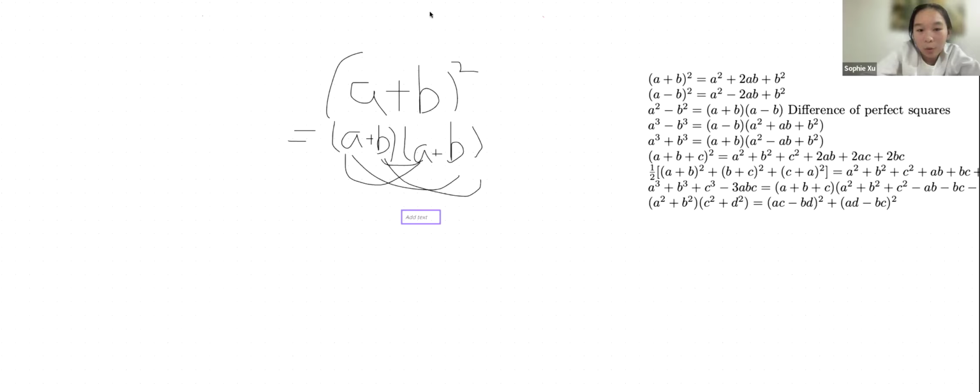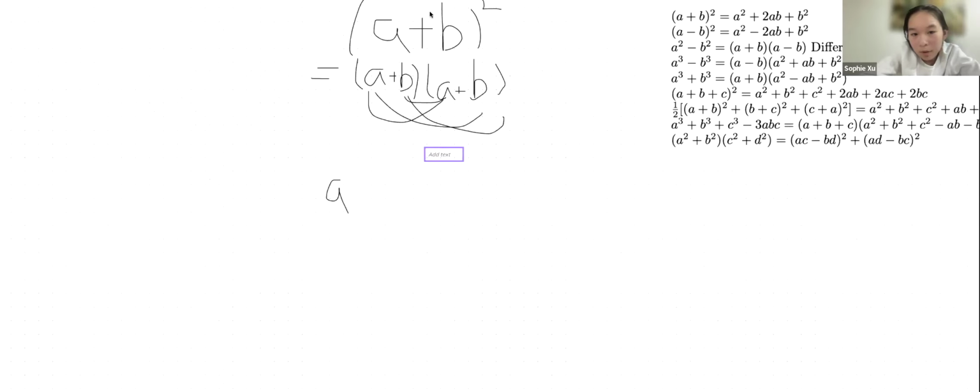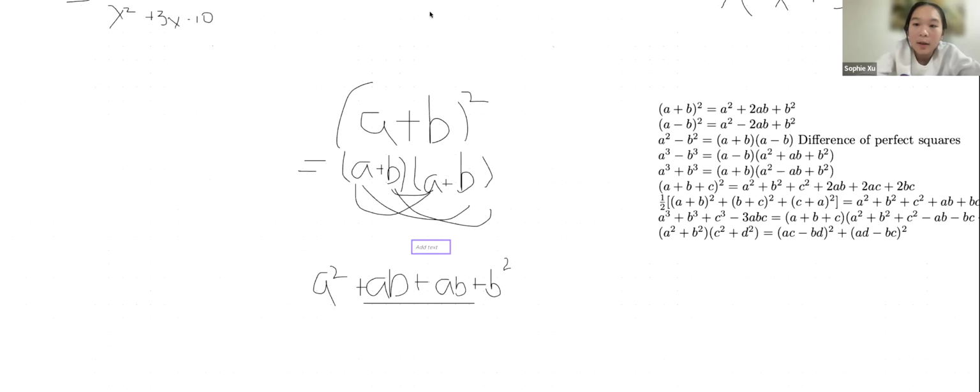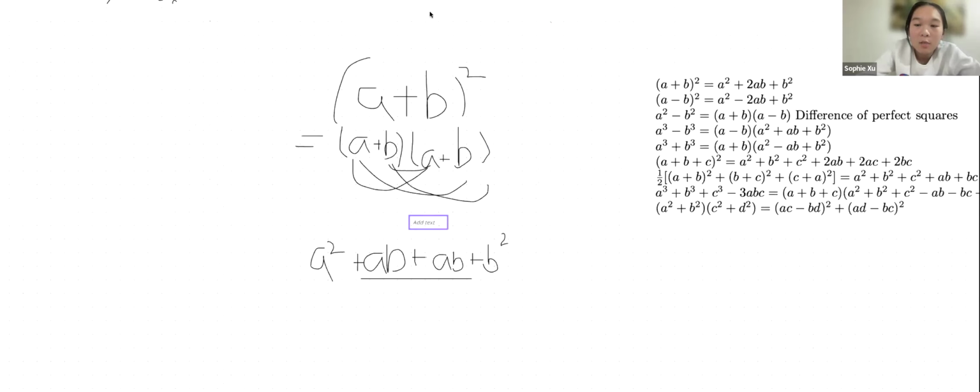So we get a squared plus ab plus ab plus b squared. Then you collect like terms, and that's 2ab, which is the right hand side, right? The second identity is basically the same thing, except it's a minus instead of a plus.